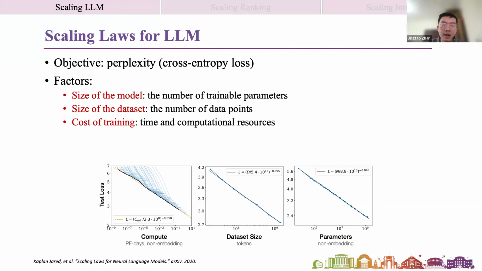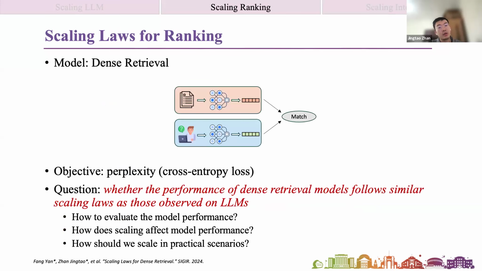And we try to find whether this also holds for ranking. Therefore, in 2024, our paper tries to empirically find out the relationship between the ranking performance and the neural ranking model size. And we use a model that we call a dense retrieval model. The dense retrieval model, or we call it a two-tower model, has two encoders.